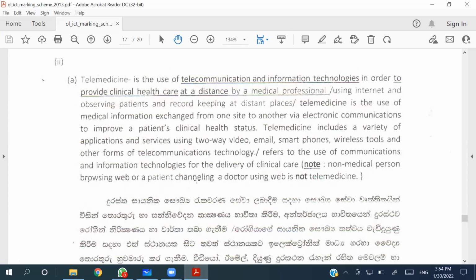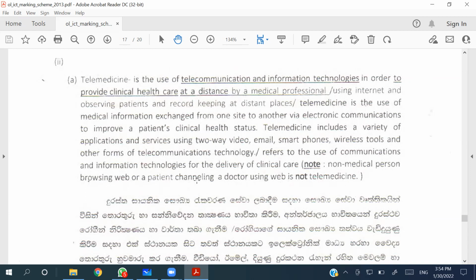And in your explanation, you should tell that telemedicine is given remotely, right? And there should be some experienced person with the patient to provide telemedicine, but the patient itself will not be able to take the telemedicine, right?